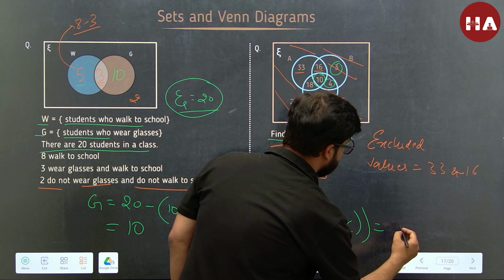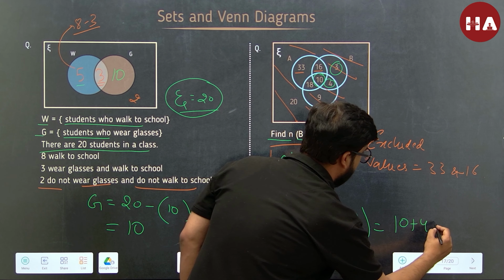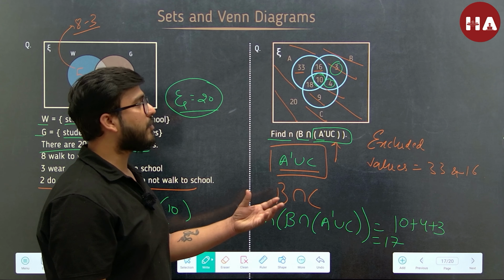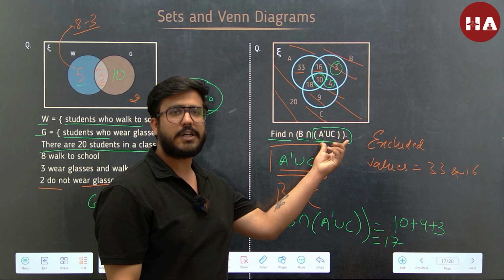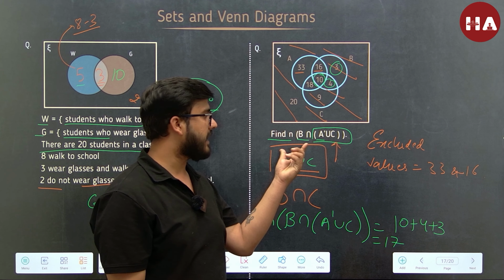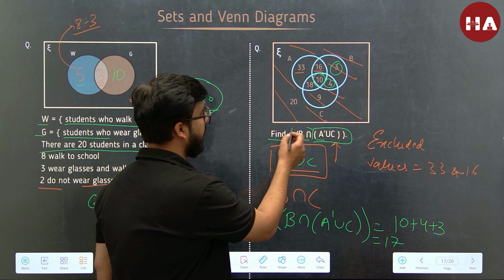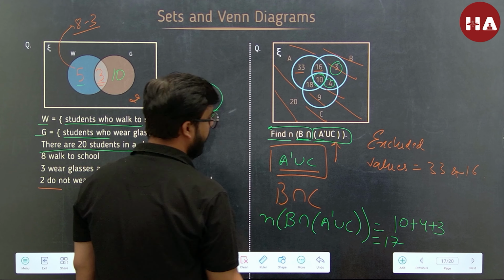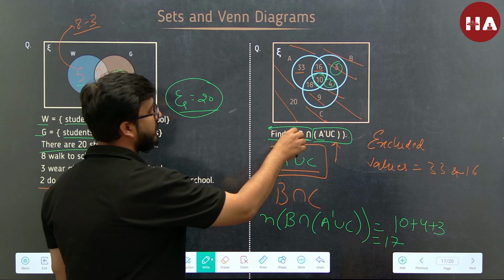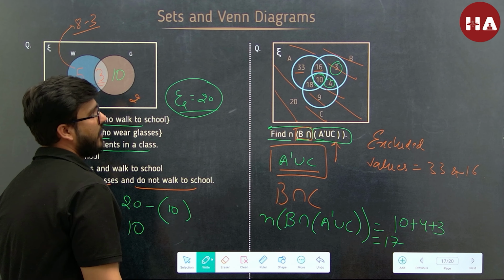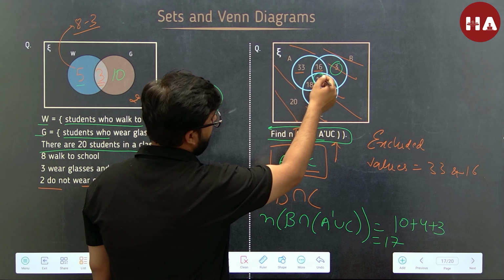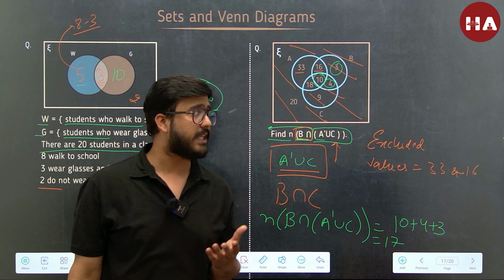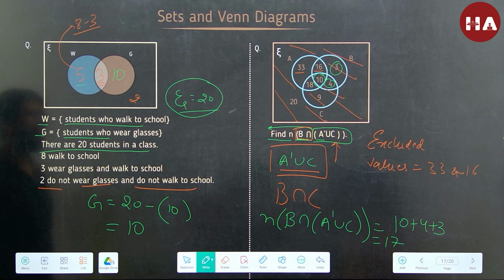Yes, it is 10 plus 4 plus 3. So this is 17. In these types of questions, you first solve the other half and then find cumulatively and operate according to the second operation with the second set. So you can shade the region and find the common number. You can note this down and then we'll proceed, students.